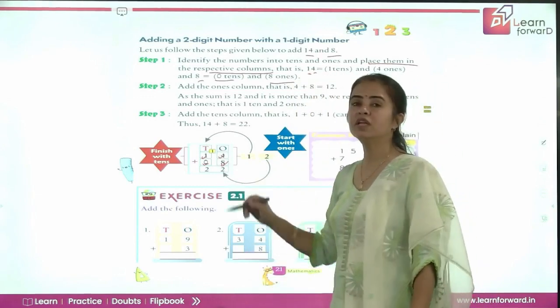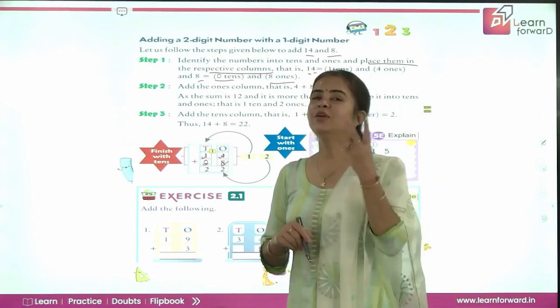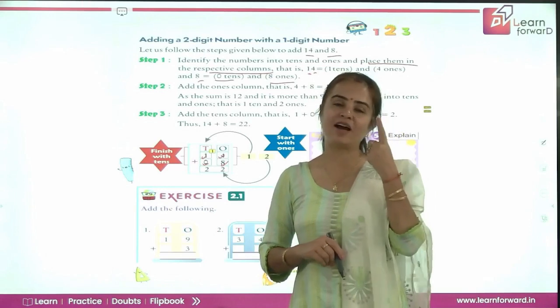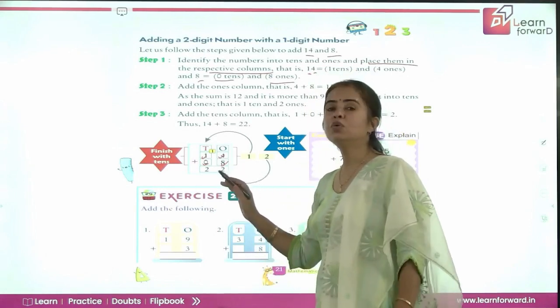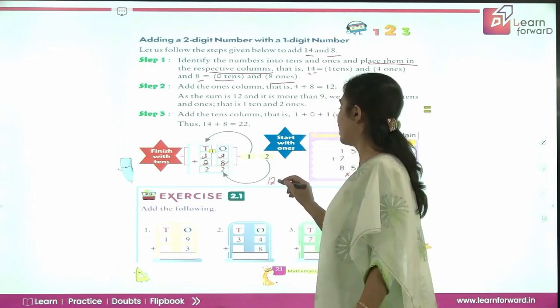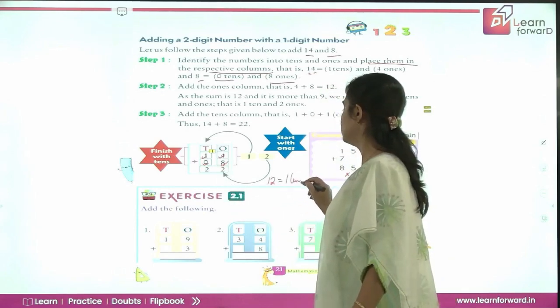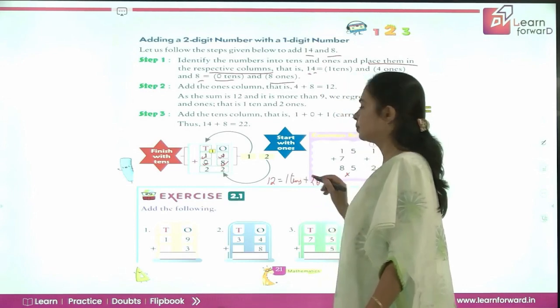8 plus 4 gives you 12. Now next thing to remember is two digits cannot take one place. So what you will be doing? 12 means 2 ones and 1 ten. This is how you expand. 12 is 1 ten plus 2 ones.